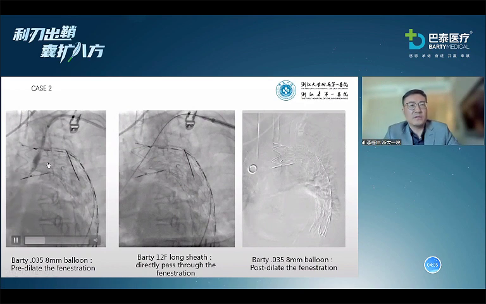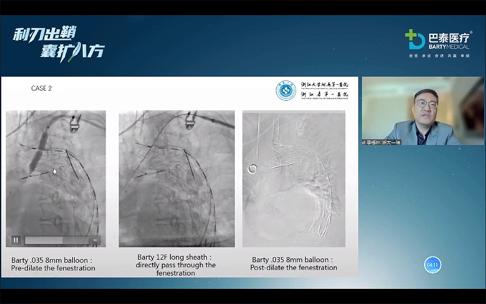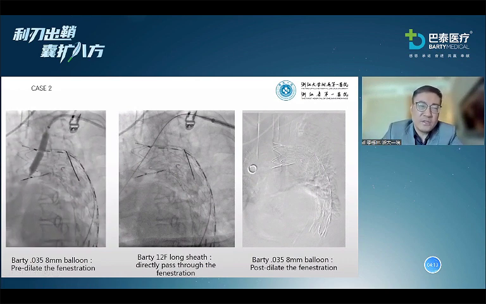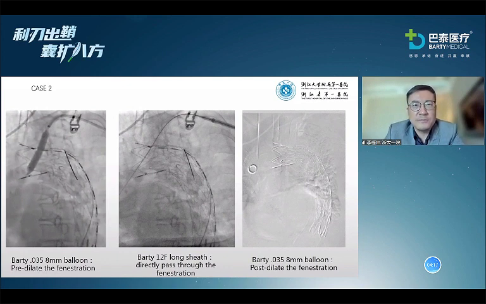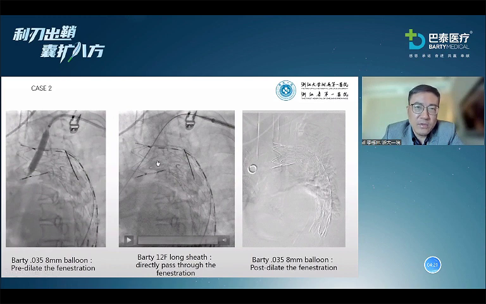And you can see we use the 0.035 balloon, and for the very stiff graft, we recommend a high pressure balloon to do the dilation because it's safer. After that, for the next step, we are prepared to deploy the graft, and we use the Y-bond.